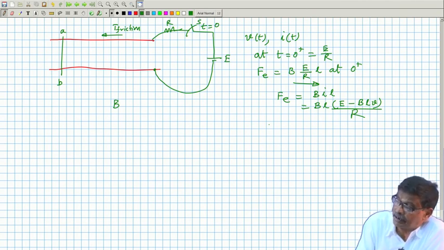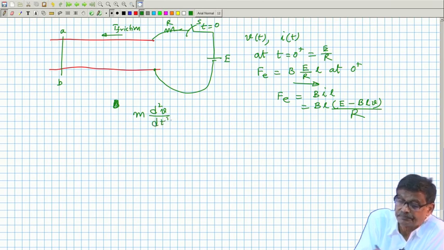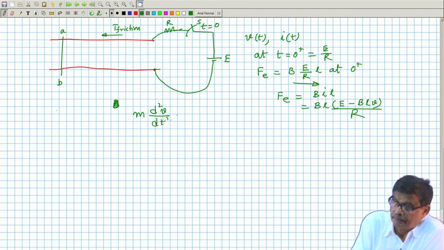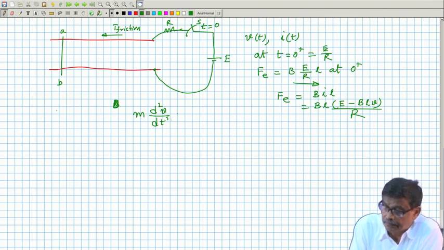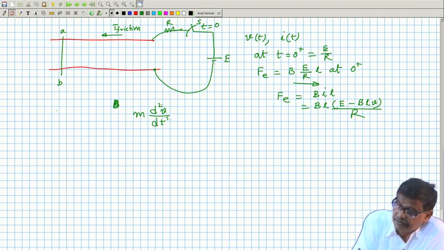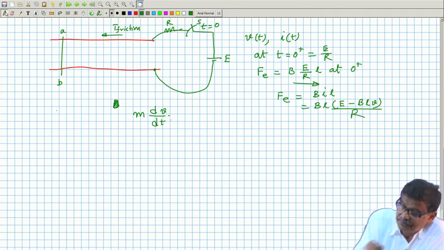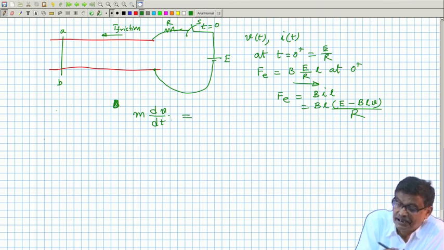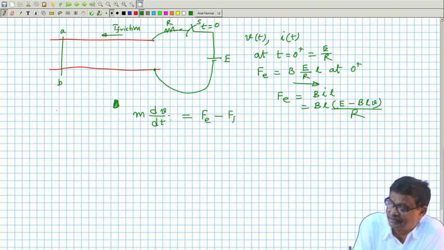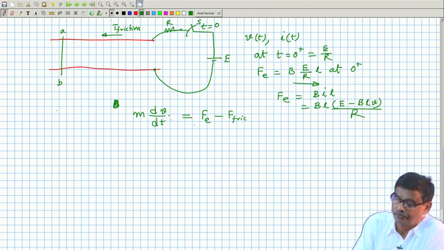So, this is the electromagnetic force, but your equation of motion now I should write like this: m dv/dt, the acceleration, will be equal to the net force acting from left to right, which is Fe minus F friction. There is the mechanical opposing force.